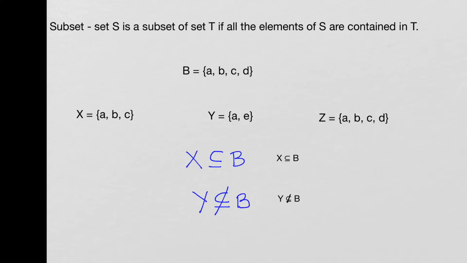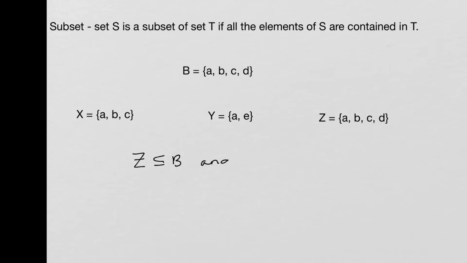But we can also say that Z is a subset of B because all of the elements of Z are contained in B. So Z is a subset of B, and we can also say that B is a subset of Z. So those are both true. And when those are both true, that's when you can say the two sets are equal to each other. So that's another definition for equality, besides saying that they have the same elements.